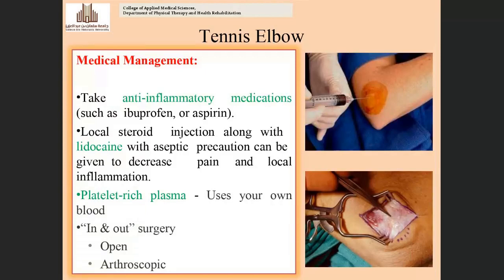So these are some free activities and free strengthening exercises that should be taught to the patient to prevent further injuries.